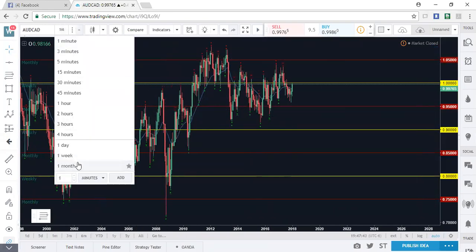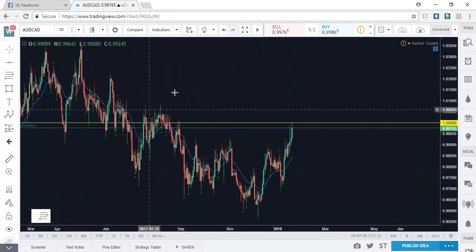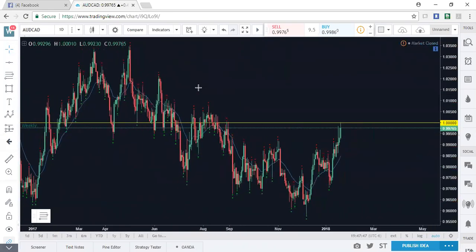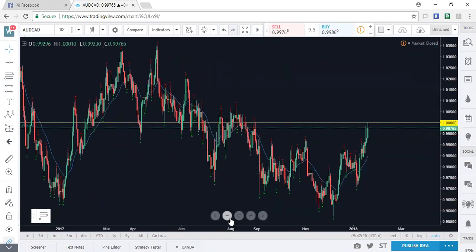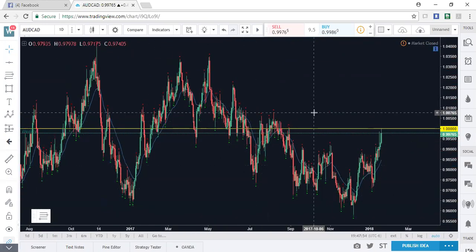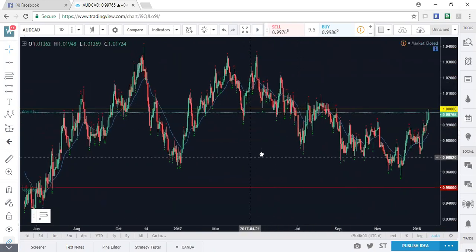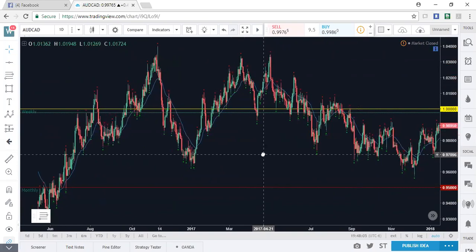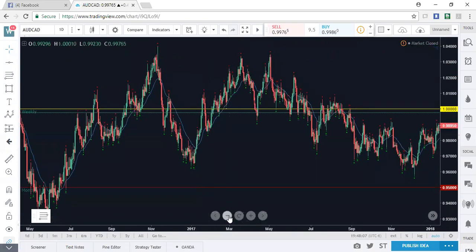So from that chart, I go all the way down to the daily chart. And when I do this, I zoom out a little bit because I want to see previous cycles and how they finished. Let me zoom out some more.